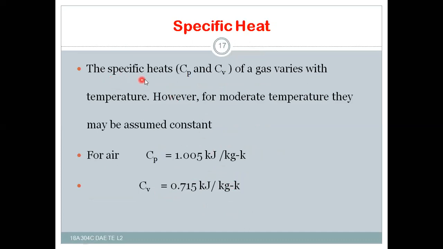The specific heats Cp and Cv of a gas vary with temperature. However, for moderate temperatures, they may be assumed constant. For air, Cp is equal to 1.005 kilojoule per kg Kelvin, whereas the specific heat at constant volume is equal to 0.715 kilojoule per kg Kelvin.